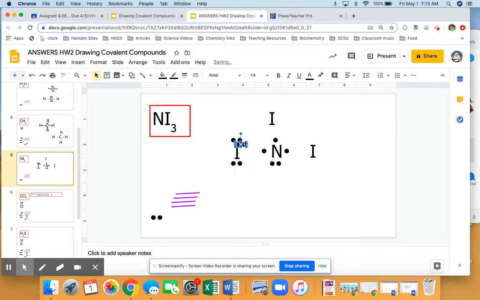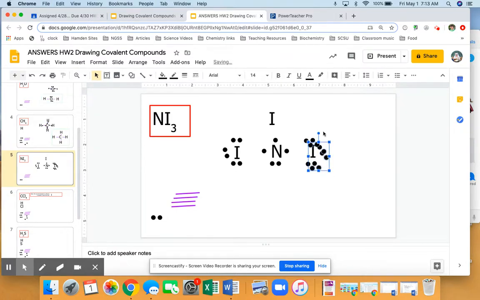Moving those right along. 2, 4. Turn it on its side by rotating. 2, 4, 6. And I'm going to copy and paste these around. 2, 4, 6 for that iodine.